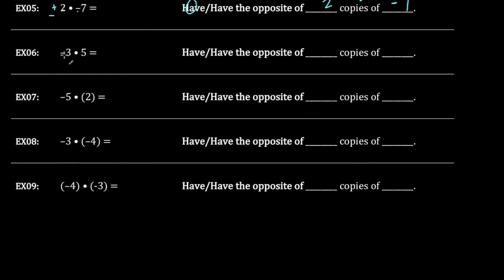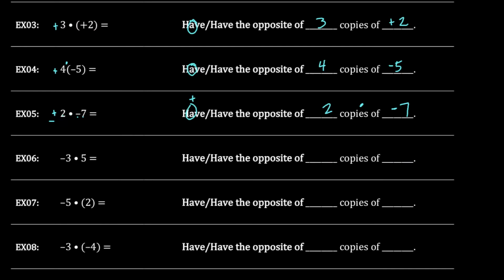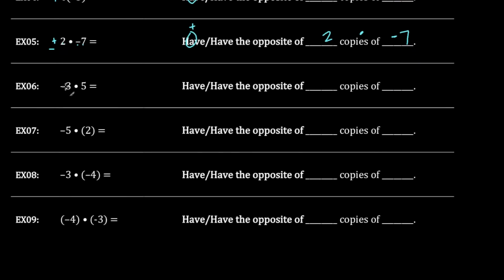And this one, this is the first time we say, like, all the numbers that we've done before, we start off with positive 5, positive 3, positive 4, positive 2. This is the first time we have a negative in front. So -3.